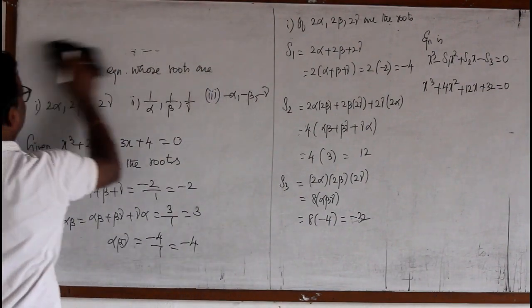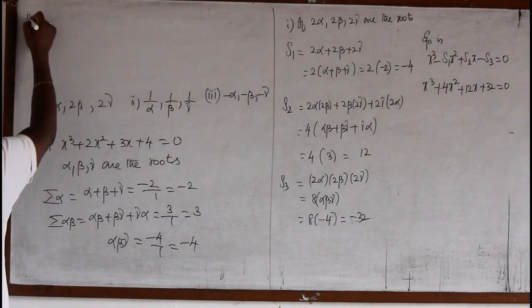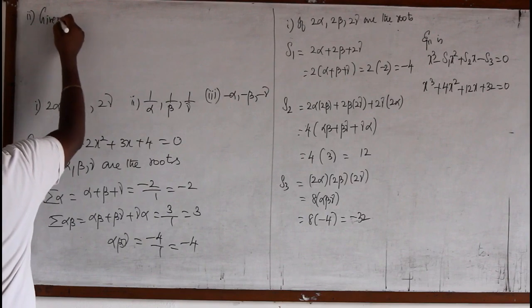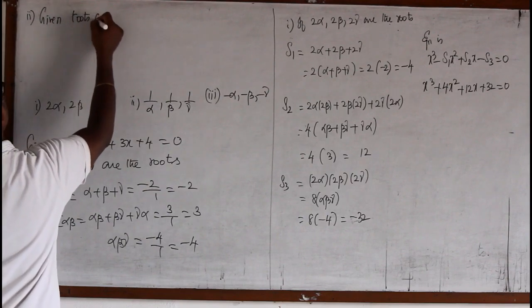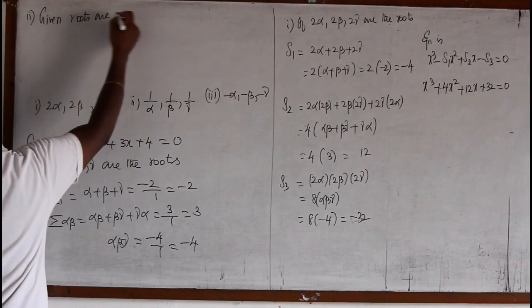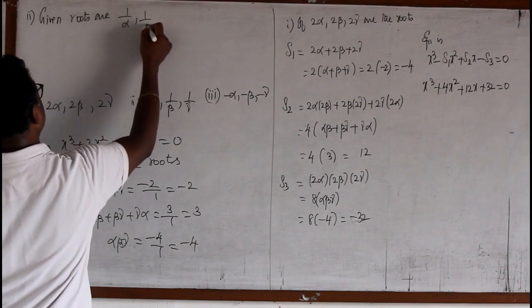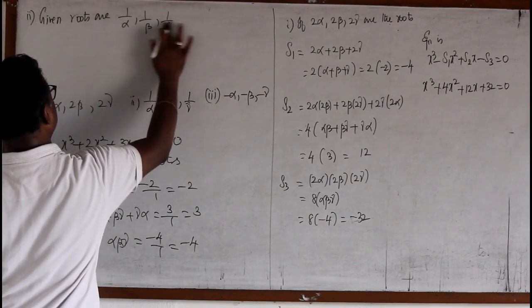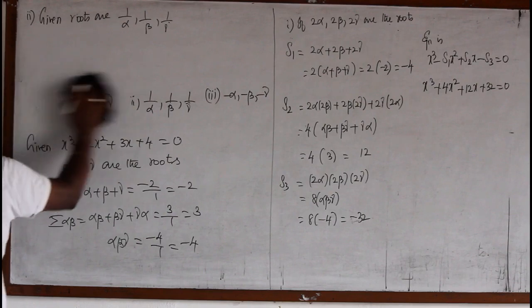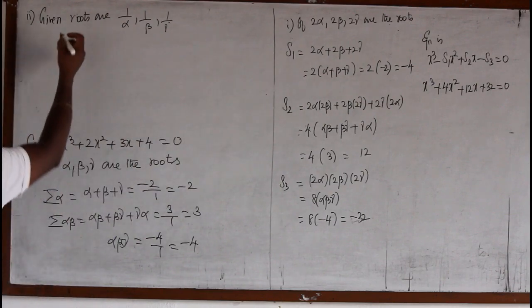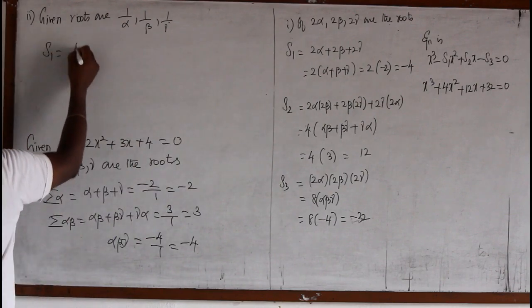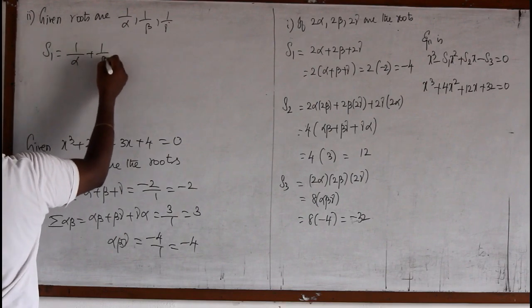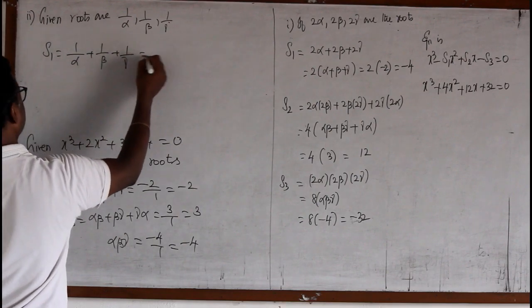Now, second one. Given roots are 1 by alpha, 1 by beta, 1 by gamma. Now we shall find the relationship among roots. That is S1 equal to 1 by alpha plus 1 by beta plus 1 by gamma.